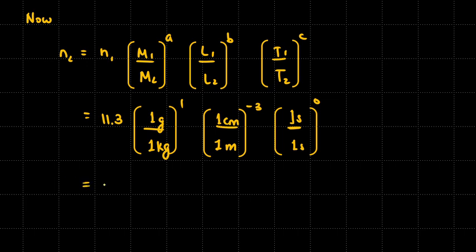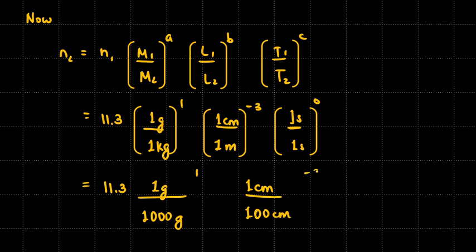So now let's continue. 1 gram, we can leave it as 1 gram, or you can convert it into kg, but I like to convert the larger unit into the smaller unit, because it's much easier. Similarly, I'm going to leave centimeter as it is, and I'm going to convert the meter to 100 centimeter to the power minus 3.